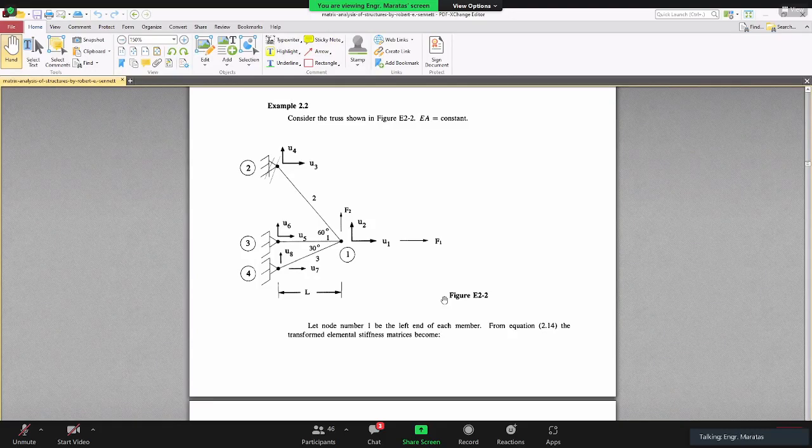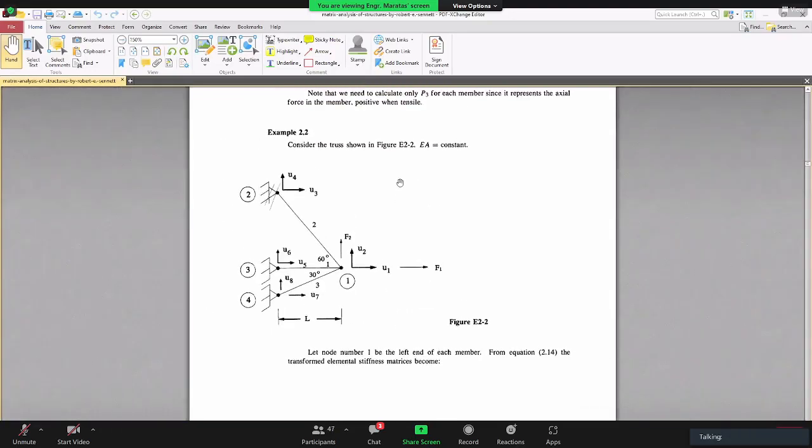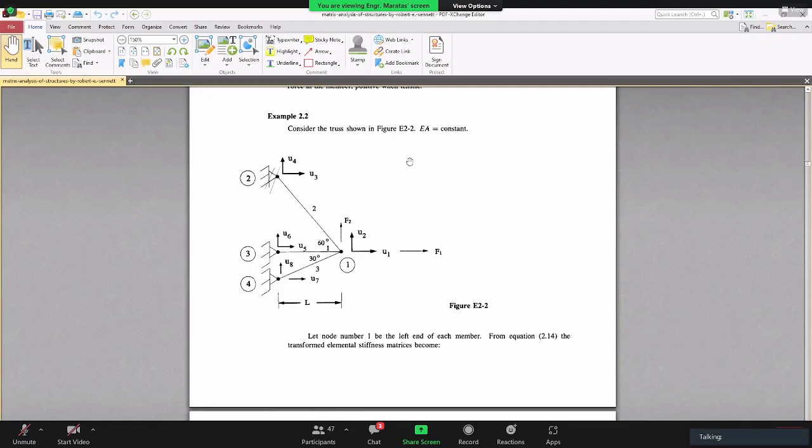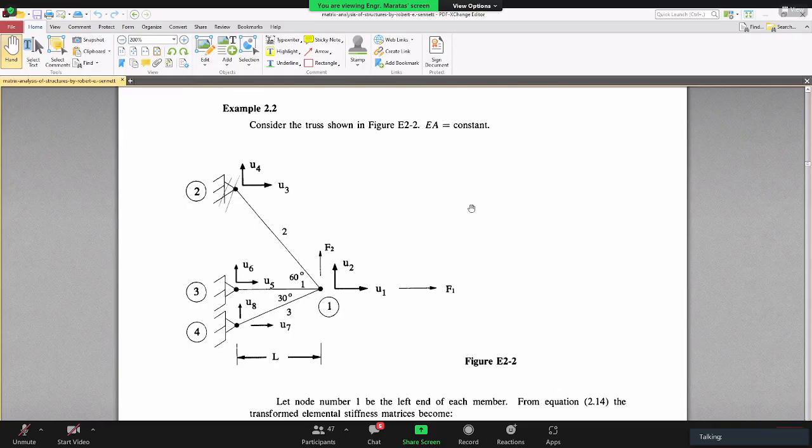Okay, so by the way, can you see the screen now? Guys, is it okay, can you see the screen?